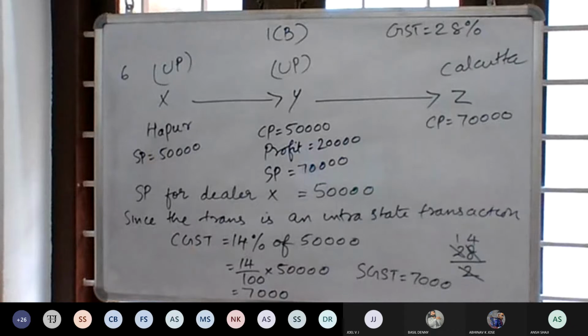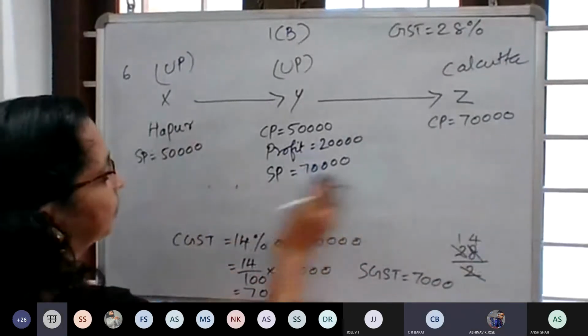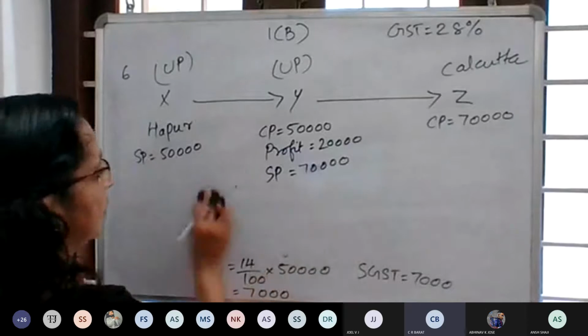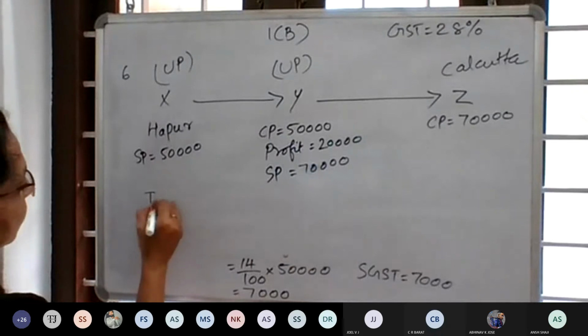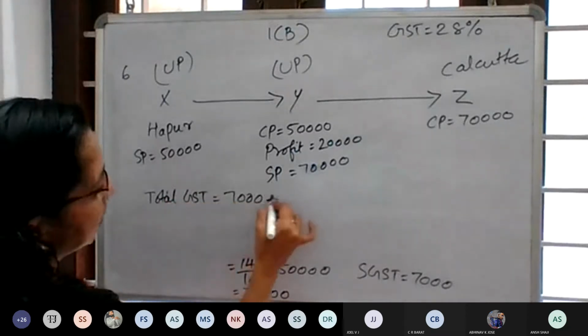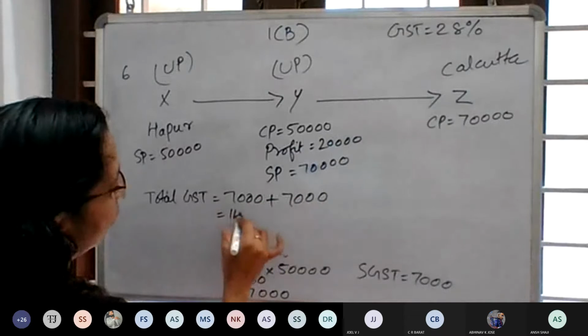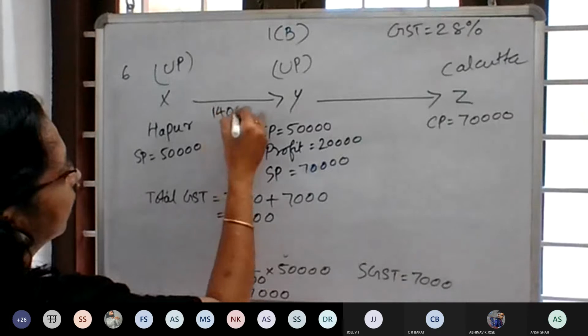So for total GST, what is it? 7,000 plus 7,000, 14,000. So here total GST is equal to 7,000 plus 7,000, that is 14,000. So here GST we got it as 14,000.